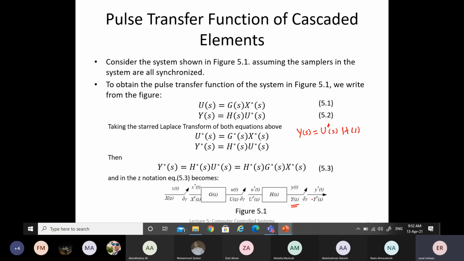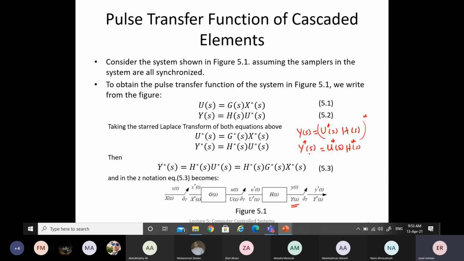Now if I want to get y star, then y star of s equals u star of s, and of course we take the starred Laplace transform of all of this. Since u star is already in that form, h of s star will be there, and straight away I can find the z transform.